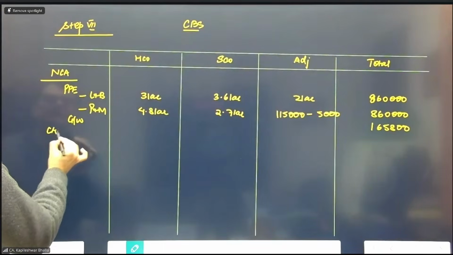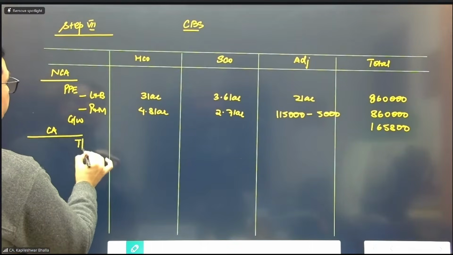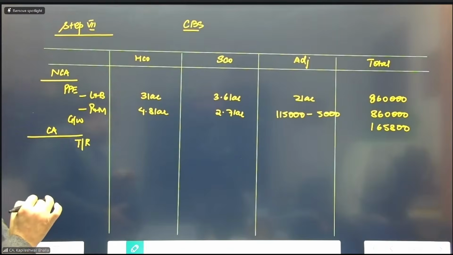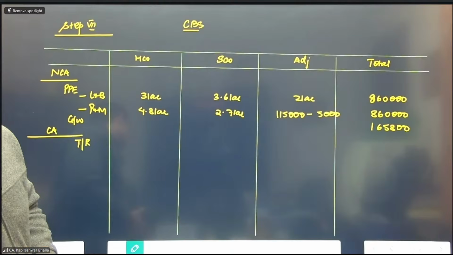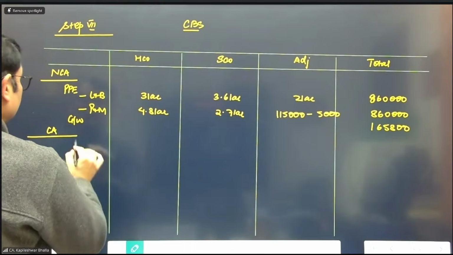Then there are current assets in the balance sheet. Current assets, we are given trade receivables and cash. Trade receivables is 1 lakh 19. Sorry, I forgot the inventory first. Let me just take the inventory to begin with.